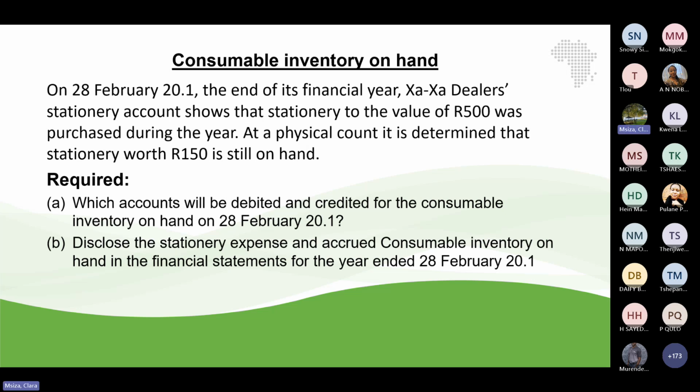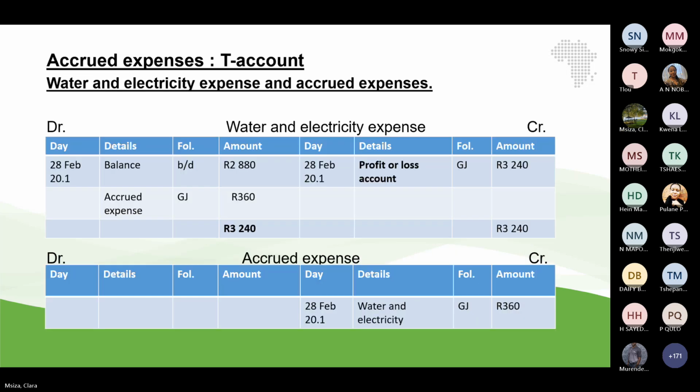Now we're going to look at consumable inventory on hand. I see a hand. Someone needs to assist our fellow student here. Patient asks, why is there a 2,880 balance brought down?